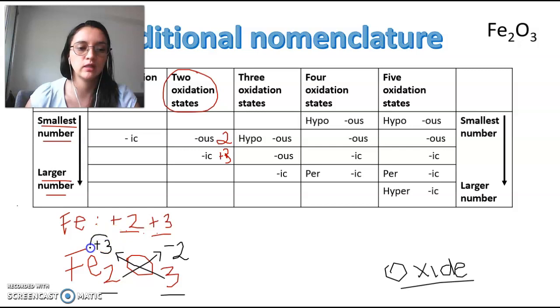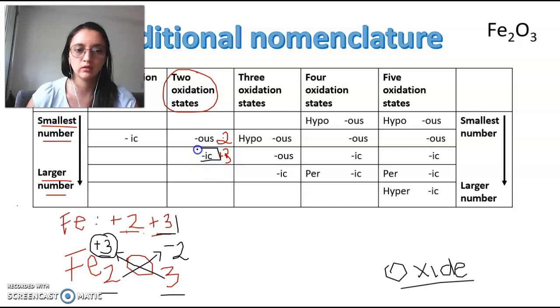So this is the number that I'm going to use in order to determine what is the prefix or suffix that I will need to use. If iron is using +3, it is using the highest oxidation state, the larger oxidation state, +3. So in here, O is going to be for the smallest, and ig is going to be for the largest.